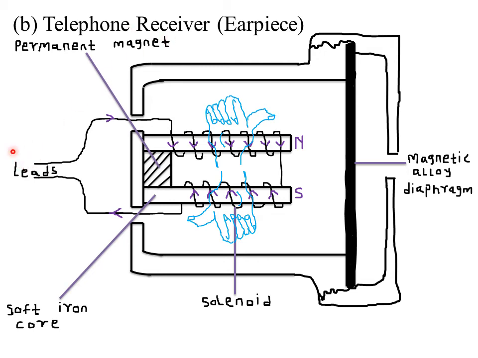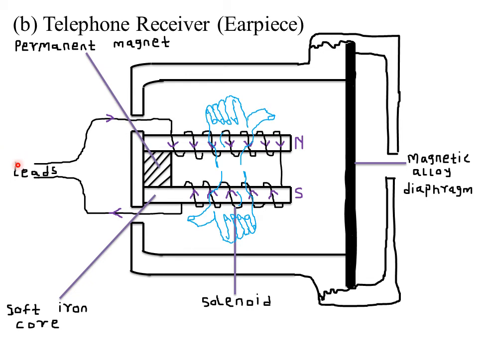So we've said that the microphone has a solenoid, which is connected to the diaphragm of the microphone. So when the person speaks through the microphone, the sound wave of the person causes the diaphragm of the microphone to vibrate.